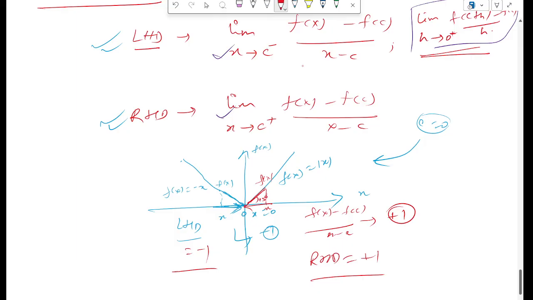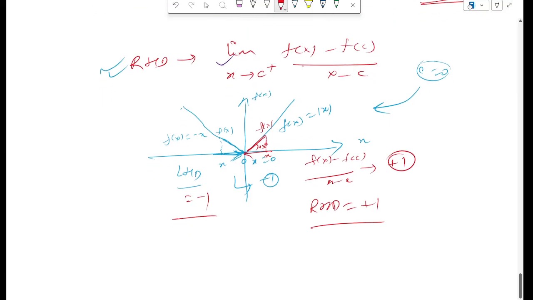They should be equal. If the derivative of a function exists, then both the left hand derivative and the right hand derivative should exist, and they should be equal. But in this particular case, they are not equal. So we can say that LHD is not equal to RHD.